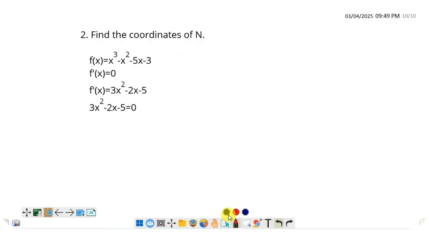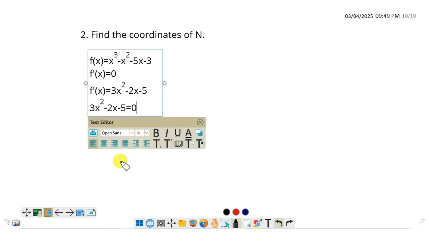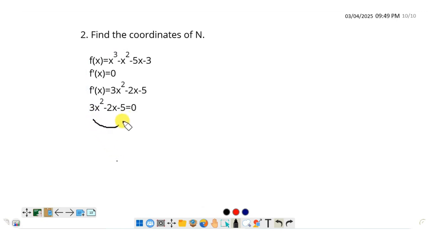First start by multiplying A with C. So 3 multiplied by 5, it's 15, right?